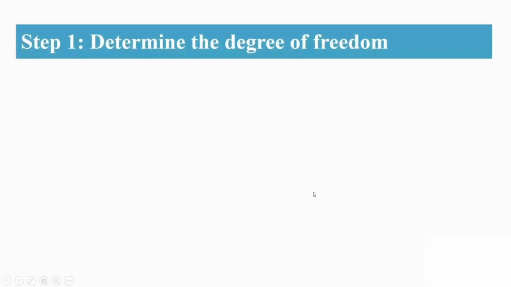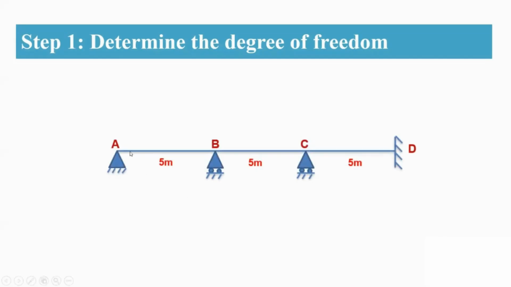Coming to step 1, you're going to determine the degree of freedom. Considering support A, you have a rotation, so theta A is not equal to 0, whereas the displacement is 0, therefore delta A is equal to 0. At point B, the rotation is not equal to 0, whereas the displacement is given as 10 mm.